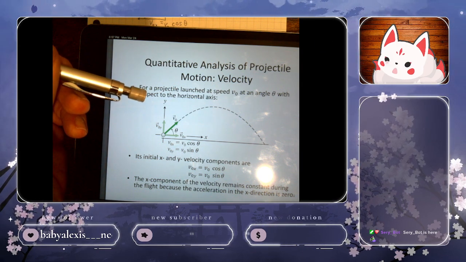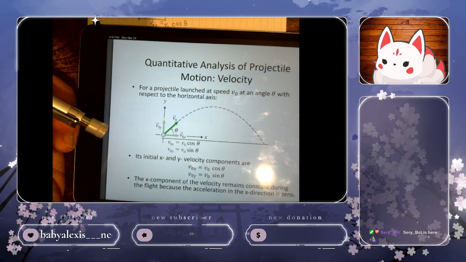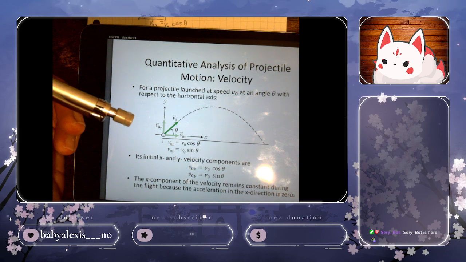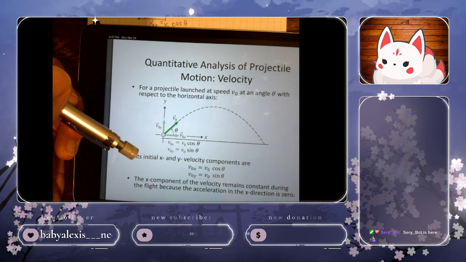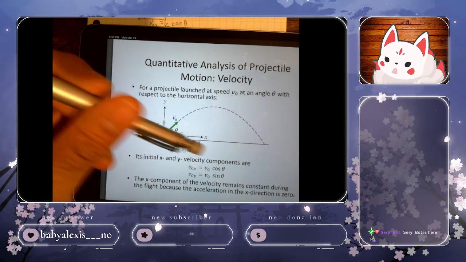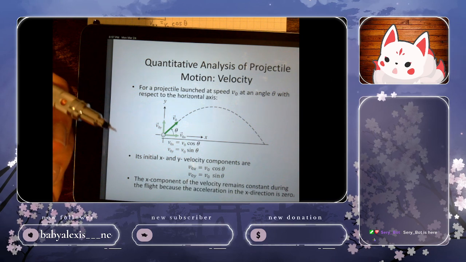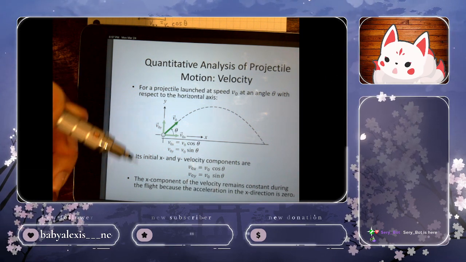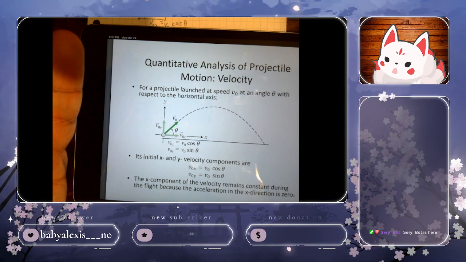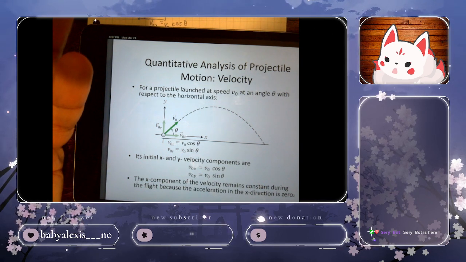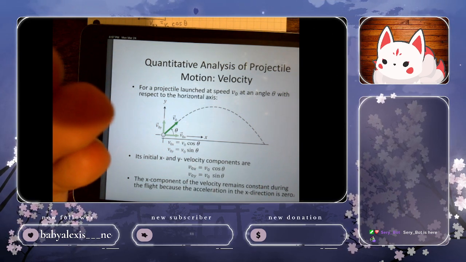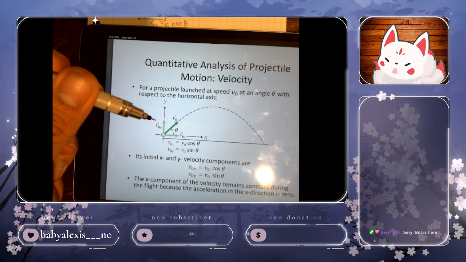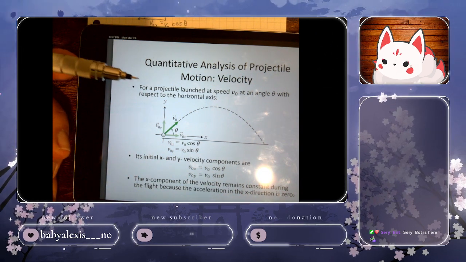Quantitative analysis of projectile motion velocity. For a projectile launched at the speed v0 and angle theta with respect to the horizontal axis. When they say with respect to, they mean with respect to the Earth, basically your plane of seeing things. If you said with respect to the ball, where does the ball move?